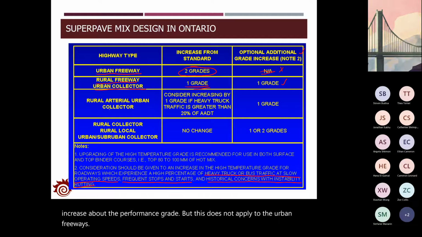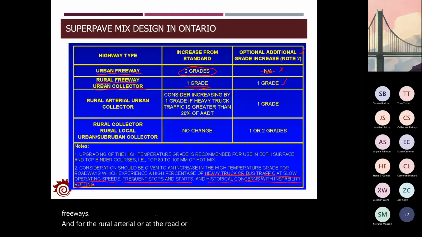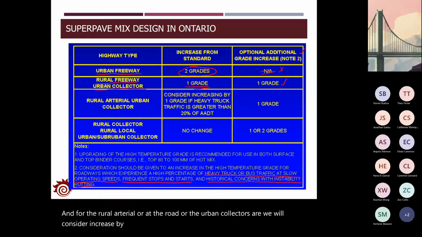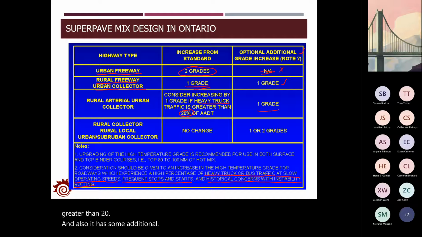And for the rural arterial road or the urban collectors, we will consider increasing by 1 grade if the percentage of truck traffic is greater than 20, and also there may be additional grade increase depending on whether there's a lot of heavy trucks or buses experiencing slow speed or stop-and-go behaviors.